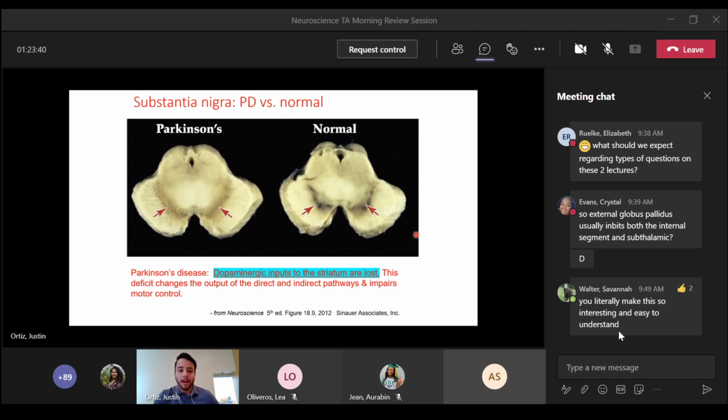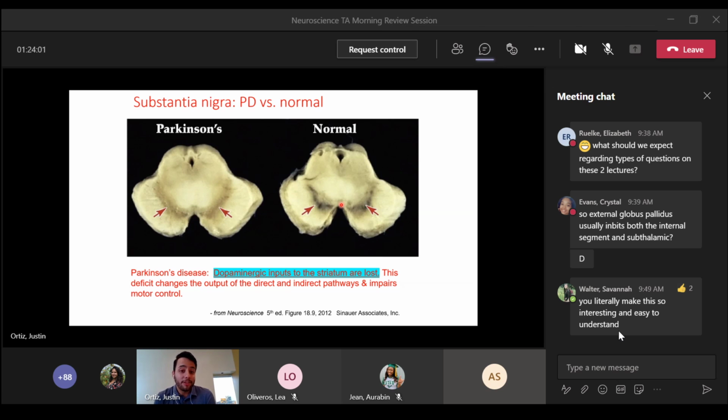Okay, so you have Parkinson's versus non-Parkinson's, and basically what happens in Parkinson's is that the inputs to the striatum are lost. The dopaminergic neurons in the substantia nigra are basically broken down. They're dying, right?